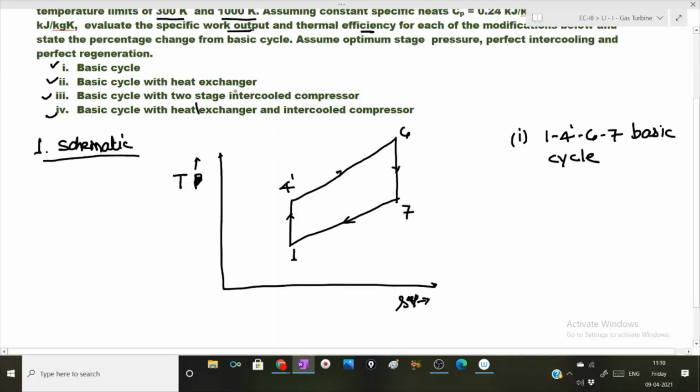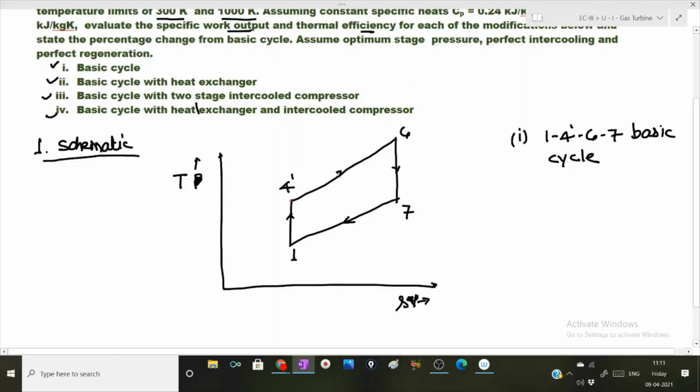Then basic cycle with heat exchanger, that means regenerator. So regenerator means in regenerator exhaust gases from the turbine are made to pass through the regenerator, which are used to preheat the compressed air. So 1 to 4 dash is the compression process. So at 4 dash the state of air will be compressed air.